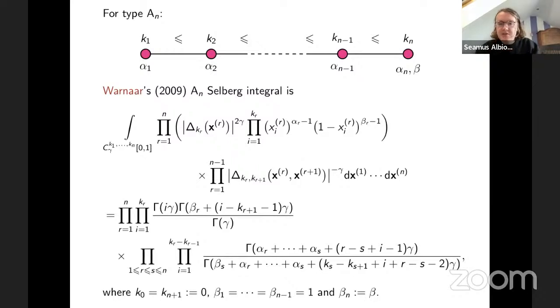And that's essentially all the conjecture states. They don't tell you the domain of integration or what the product of gamma functions should be.